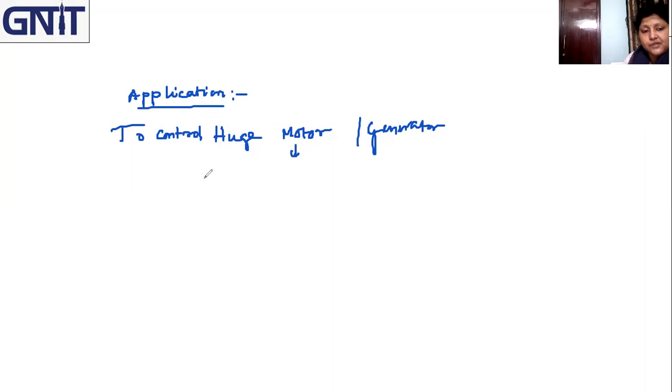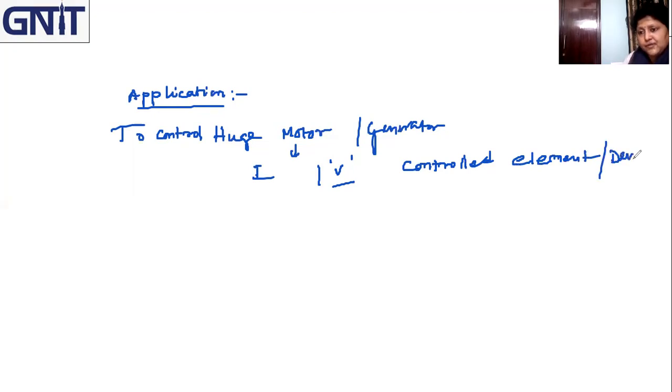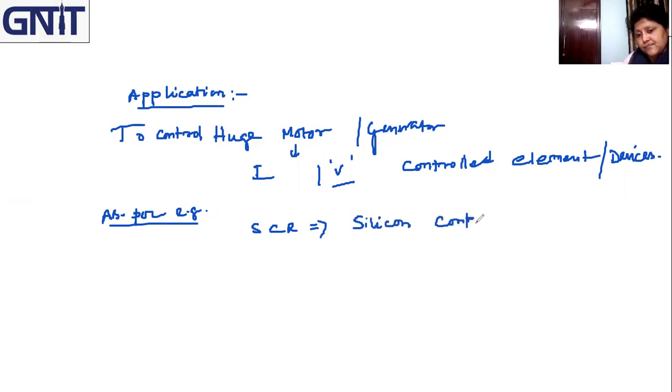That's where we are controlling some amount of field current or voltage, so we require a control element to be incorporated. Control element means devices over here. Suppose, as an example, we mainly use here, this is the elaborate application of SCR, that is called silicon controlled rectifier.